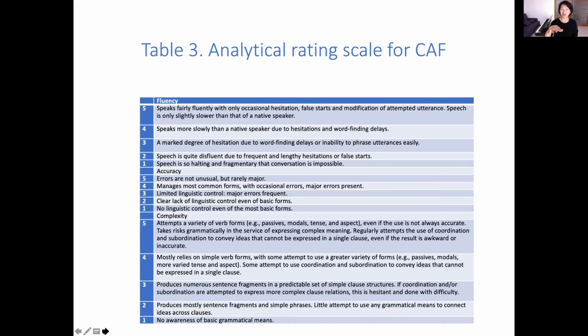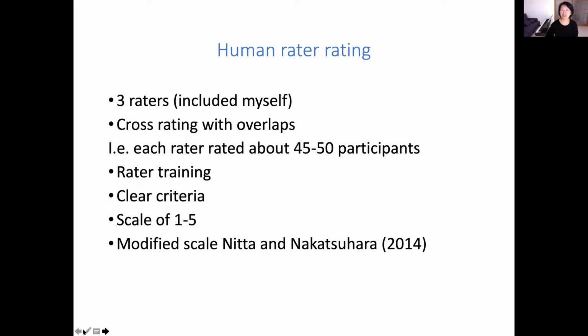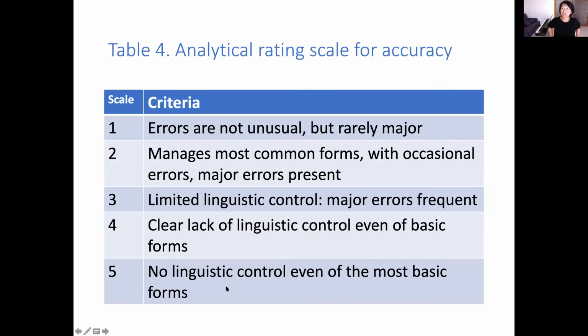Okay, it's a kind of difficult to see scale, basically rating of 1 to 5, 5 being the highest, 1 being the lowest for each complexity, accuracy, and fluency construct. I'll show you an enlarged version of the scale. Okay, because my focus is accuracy, I'll show you the accuracy scale.